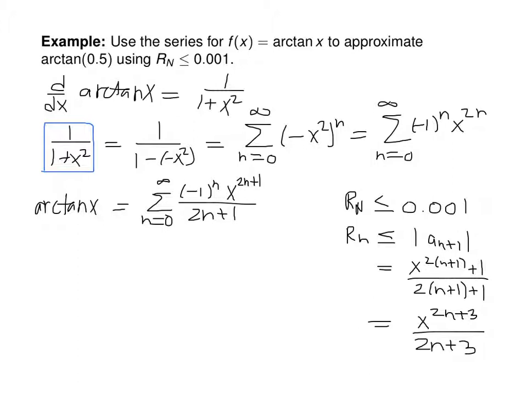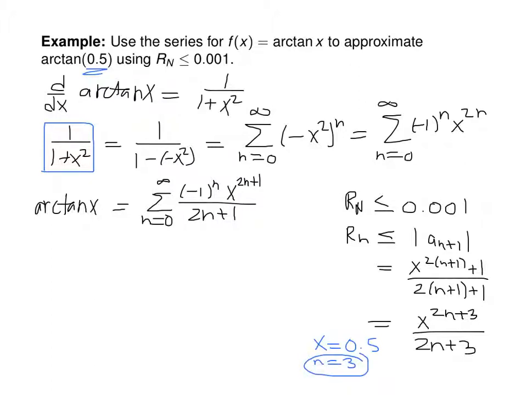At this point, using the x value you care about, 0.5, you plug in x equals 0.5 and test various values of n, say n equals 1, n equals 2, n equals 3, until you find one where this expression is less than 0.001. The first n where that happens is n equals 3.